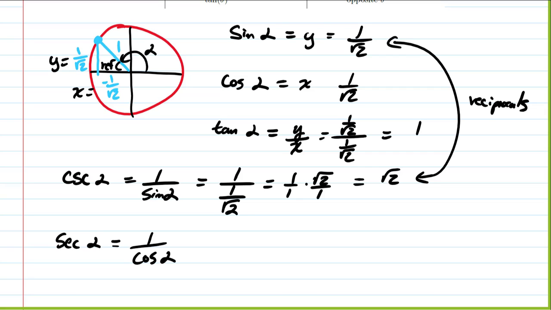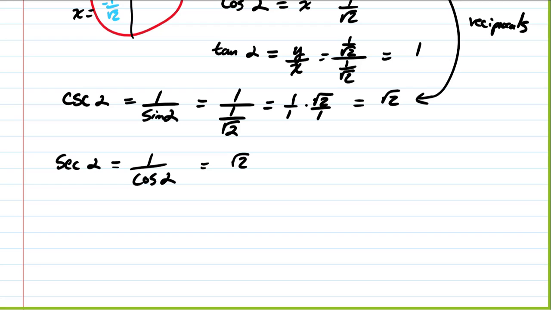Well, if cosine is 1 over root 2, its reciprocal is the square root of 2. And lastly, we want cotangent alpha, which is going to be 1 over the tangent of alpha, so the reciprocal of tangent, and the reciprocal of 1 is 1. So that would be our value for all of these.